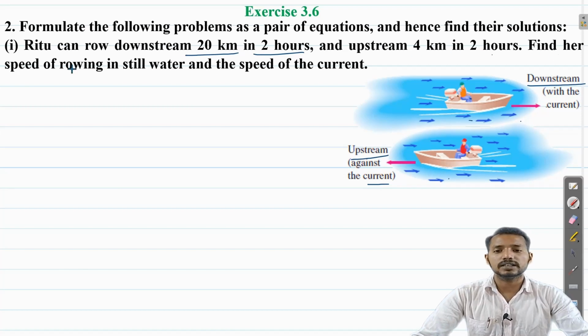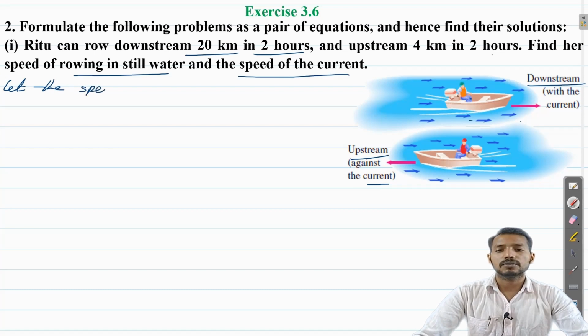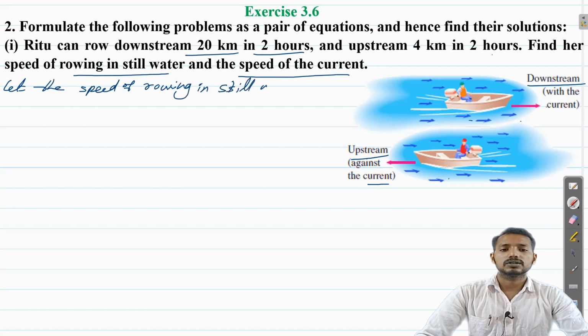What we have to find is the speed of rowing in still water and the speed of the current. So first put the variables. Let the speed of rowing in still water be x kilometer per hour.